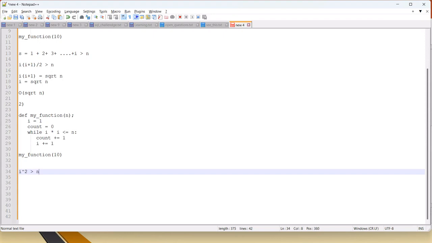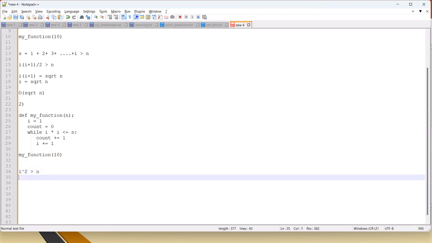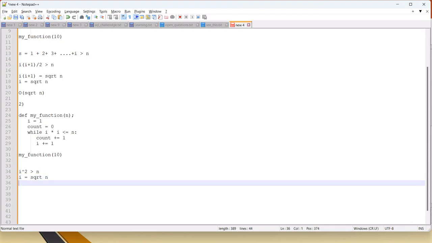This is where the loop stops. This says that when you send the 2 to the other side, I equals the square root of n. So the number of iterations is approximately order of square root of n. Got it?